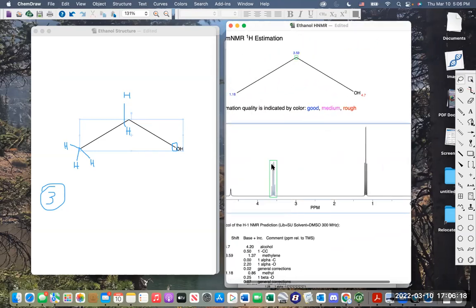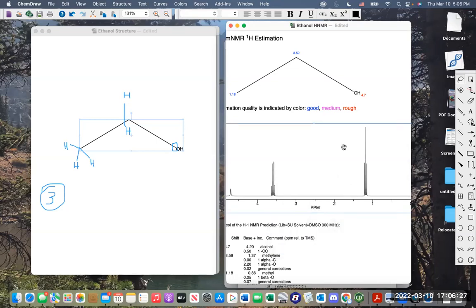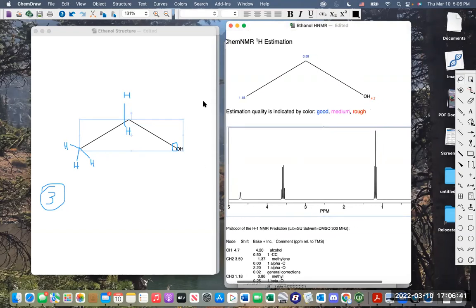Let's see, I don't think it'll show on this particular spectrum, but we can kind of infer. So basically the integration will tell you how many hydrogens each signal represents. So since we already talked about the splitting, we can assign each signal to each part of the hydrogen.